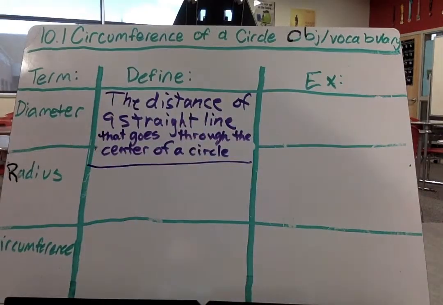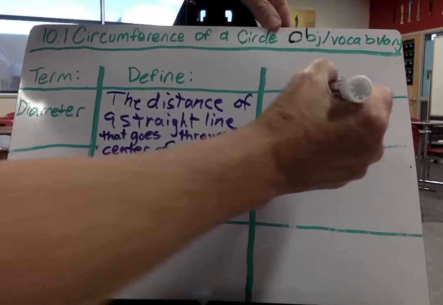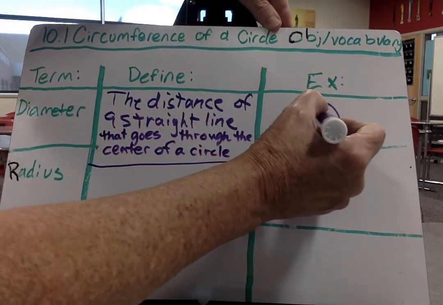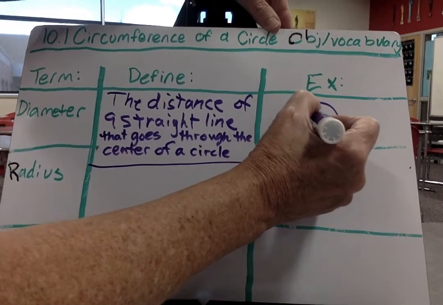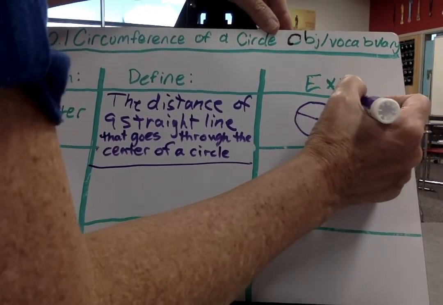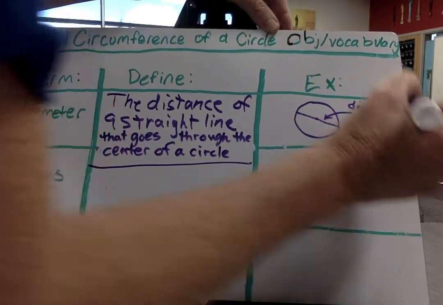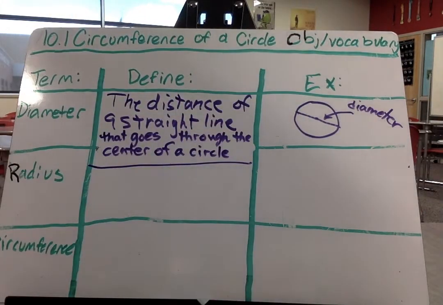Let's see how straight I can draw. There's your circle. So if you have your center, a straight line that goes through, that line right there is the diameter. And hopefully this is just review.